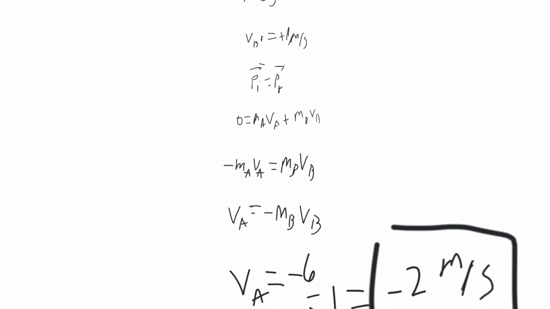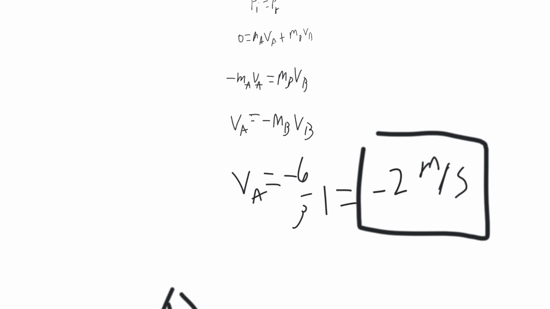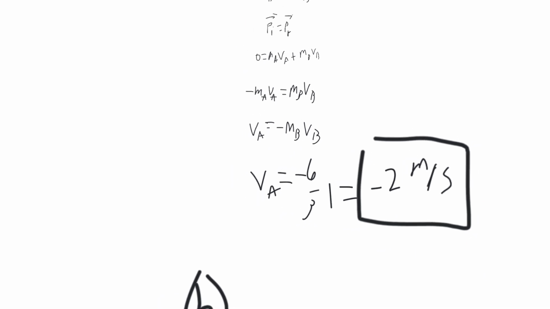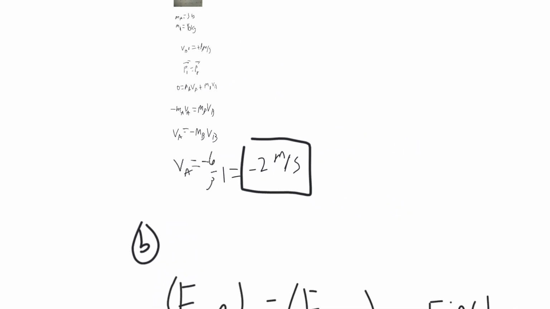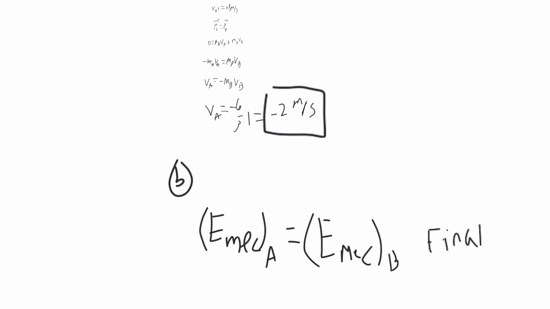And then that gives us, we know that momentum is mass times velocity, so 0 is going to be equal, there's no initial momentum, so it's going to be m_A v_A plus m_B v_B, and then basically we start solving for v_A, which is the final velocity of block A, and you keep solving for it, and then you end up getting v_A is equal to -2 meters per second, right?